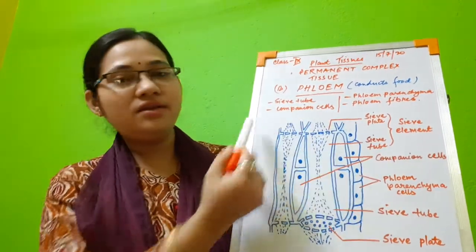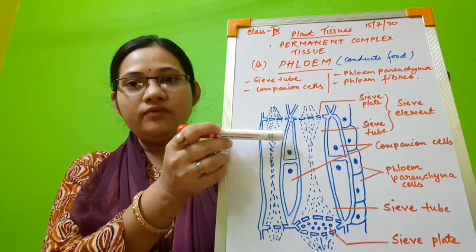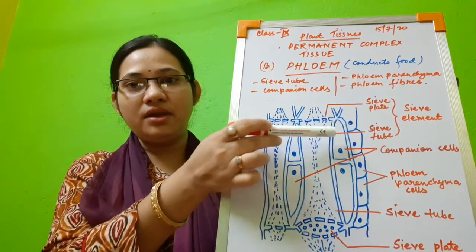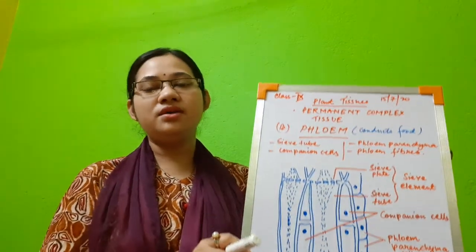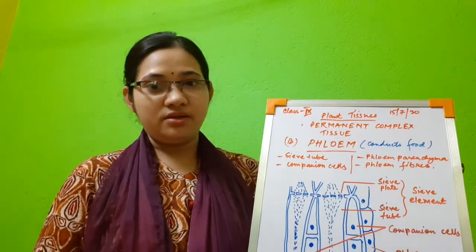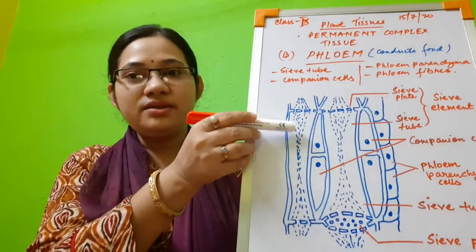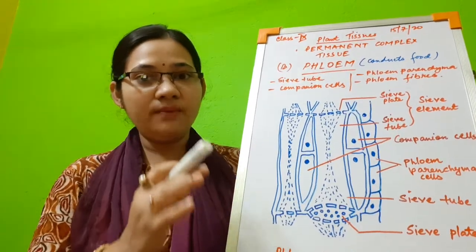Then come the companion cells. The companion cells are present at the side of the sieve tube. Companion itself means they provide nourishment to the sieve tube cells. The sieve tube cells are the main or principal conducting part of phloem.